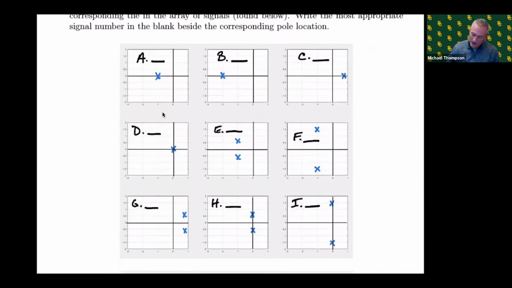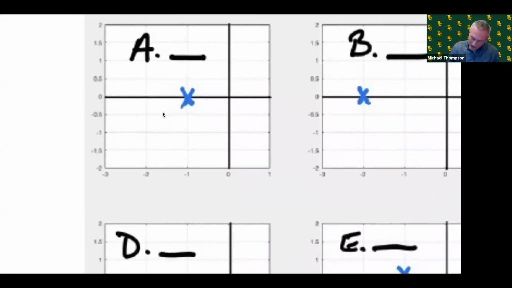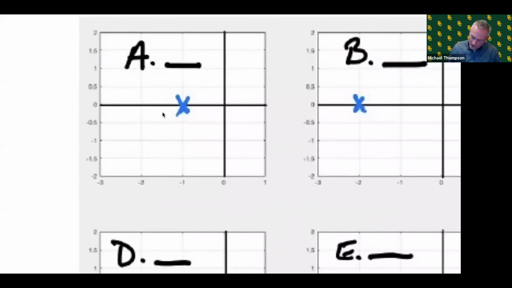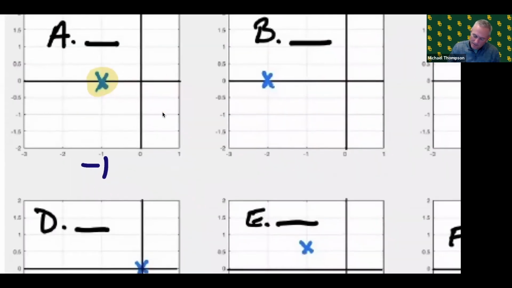All right, so just to help you get oriented here, if I zoom in, pole pattern A is just a single pole at -1. It's kind of hard to read, but -1. Okay, and B is a single pole at -2.